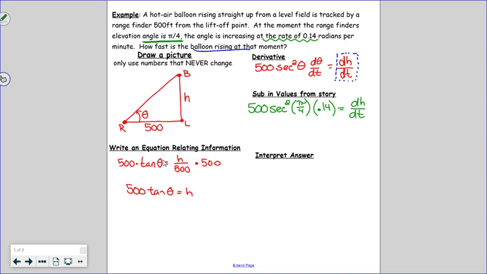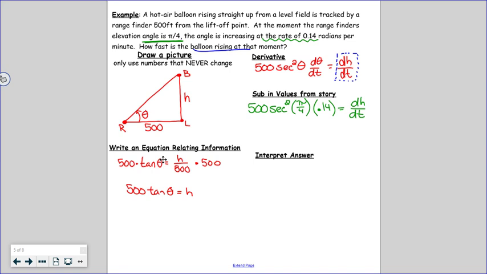And then I grab my calculator. I make sure my calculator is in radian mode, and that I know how to find secant on my calculator, which is 1 over cosine. If I want to do secant squared, first of all, secant of pi over 4 is the same thing as 1 divided by cosine of pi over 4.